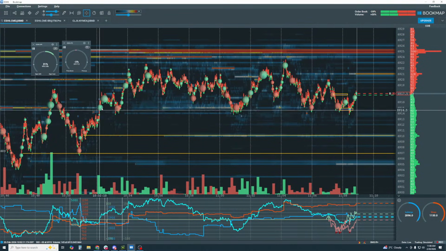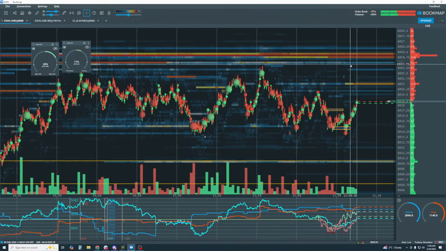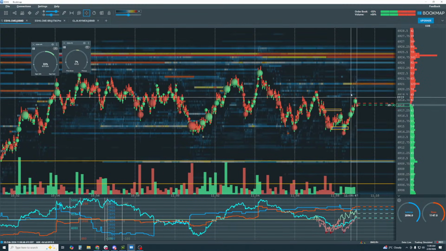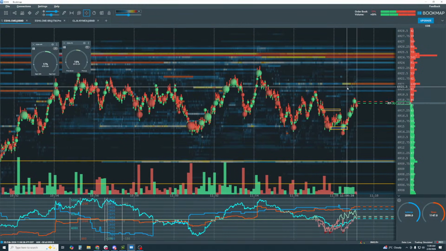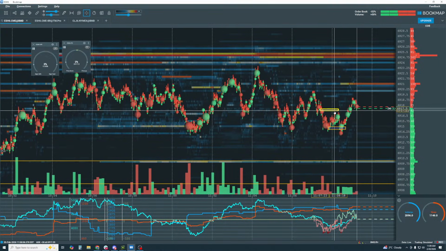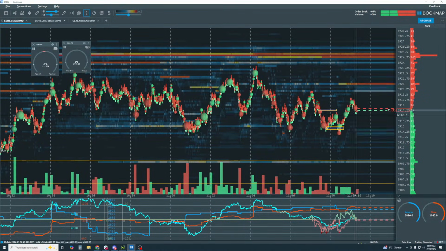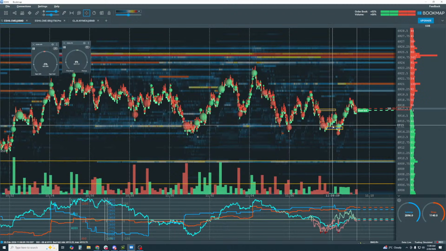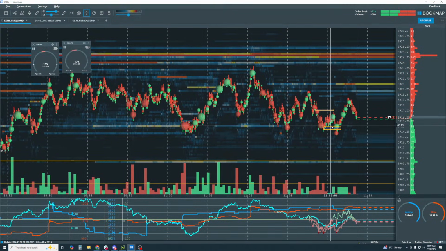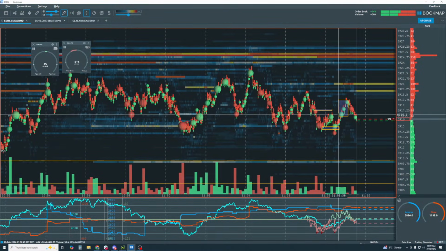We don't have a whole lot of buyers here supporting it, and we don't have liquidity here either. We got a little deeper pullback in here, and we see the buying coming back in. And here's our potential trap buyers.